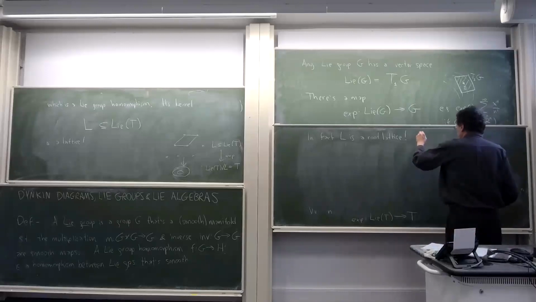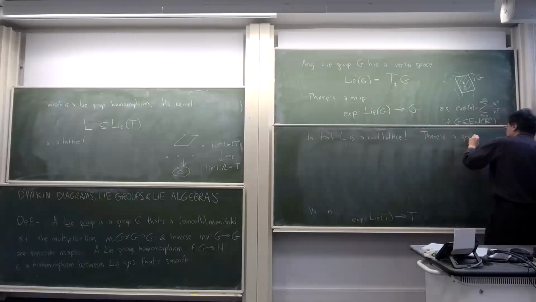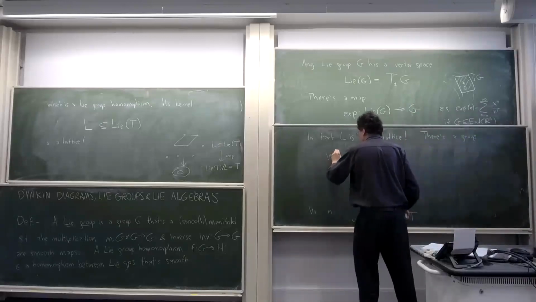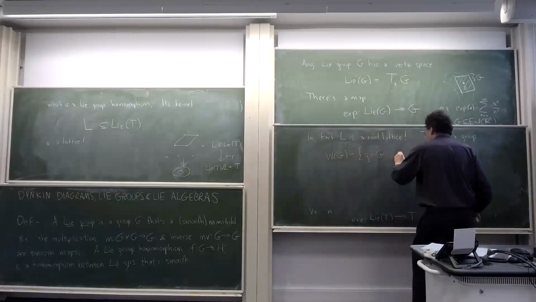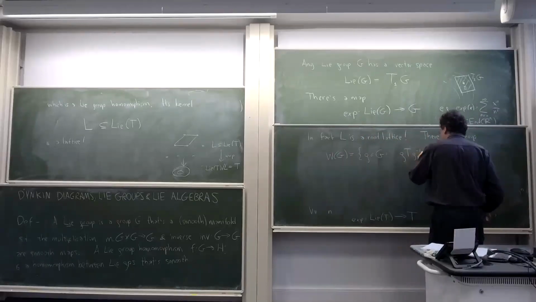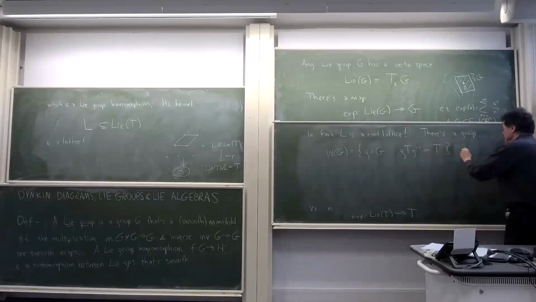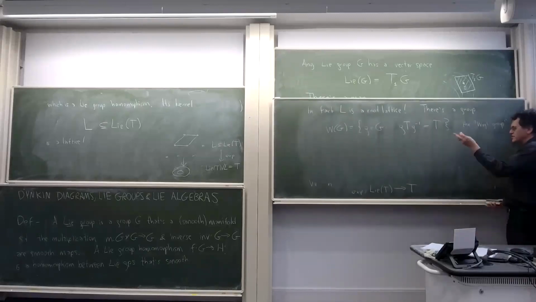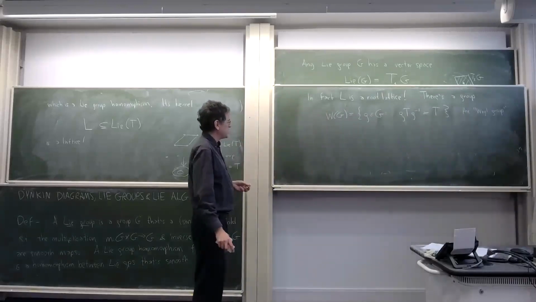The point is, there's a group called the Weyl group of G, which is the collection of all group elements that when you conjugate your torus by them, you get back that same torus. It really depends on both G and on our choice of torus. But as I said, all tori are conjugate to each other, so you get an isomorphic Weyl group if you pick another torus.